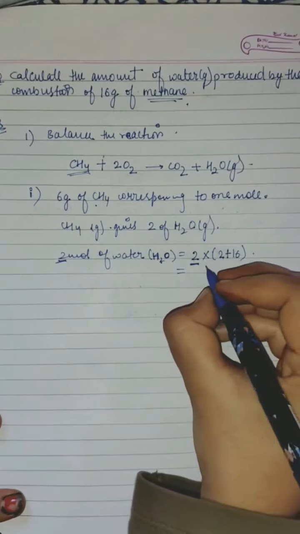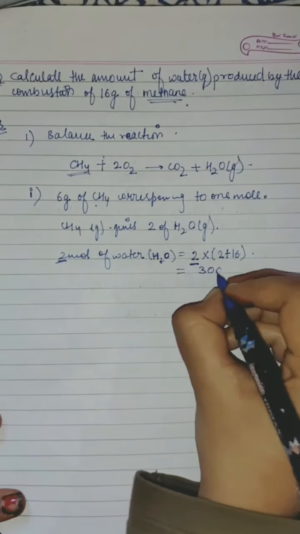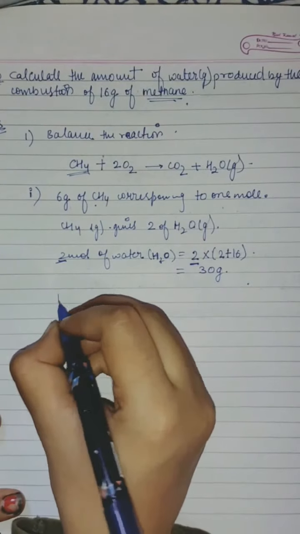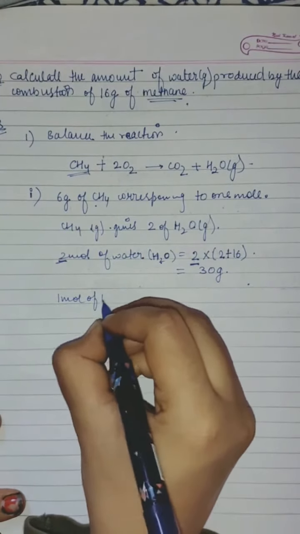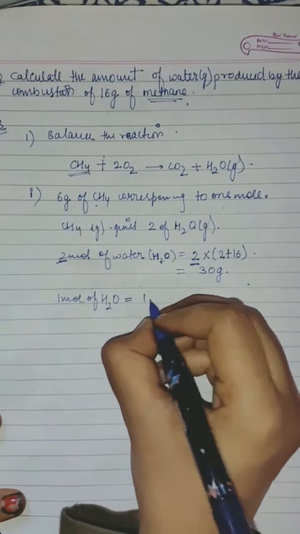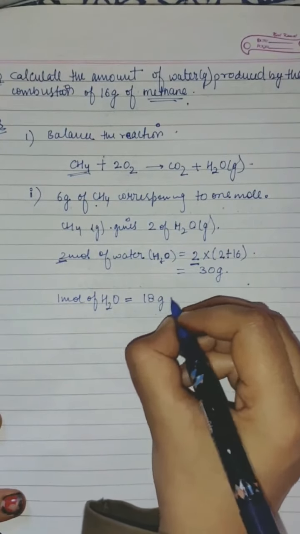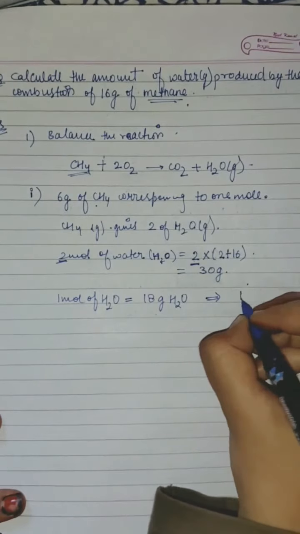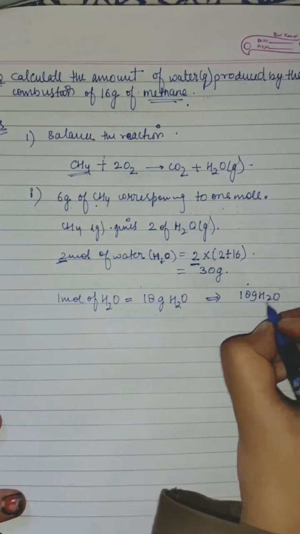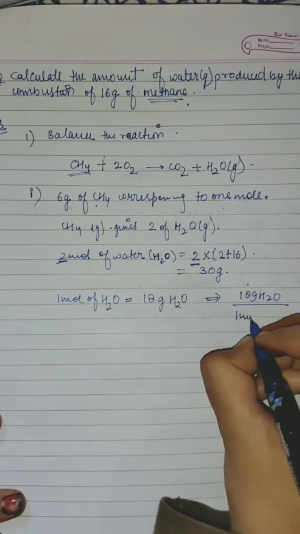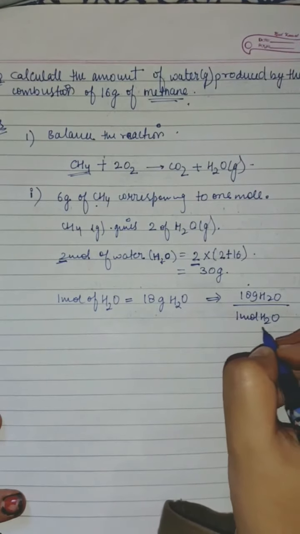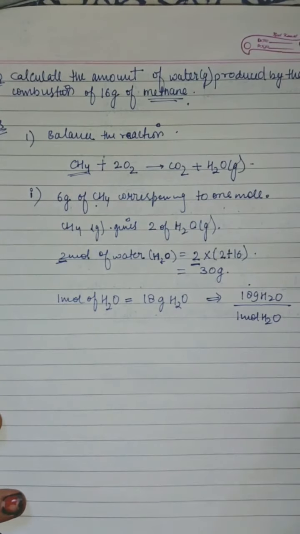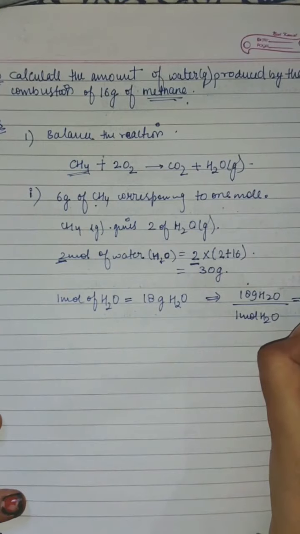After solving this, we get 18 gram. Then 1 mole of water equals 18 gram H2O, so 18 gram H2O divided by 1 mole H2O is equal to 1.